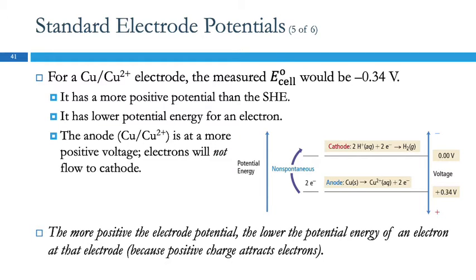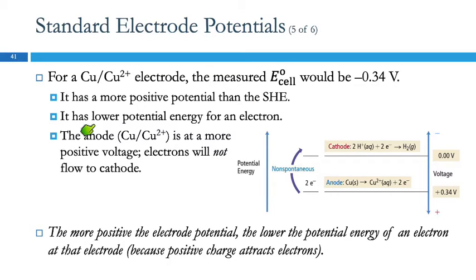They're going from high potential energy to lower potential energy. The copper 2 plus ion electrode has a measured cell potential of positive 0.34 volts. So here, the half reaction has a more positive potential than the standard hydrogen electrode.